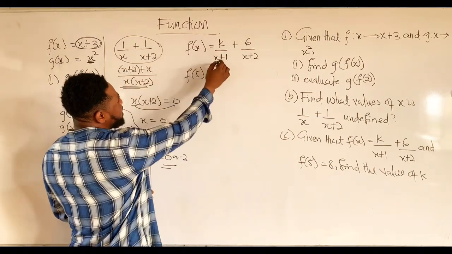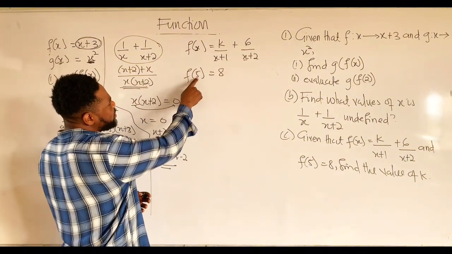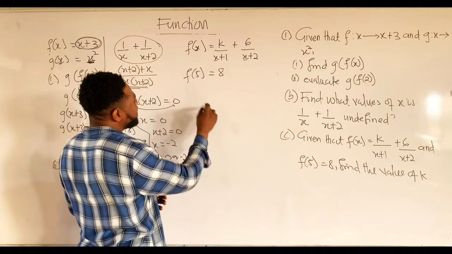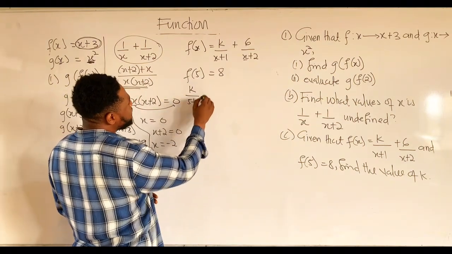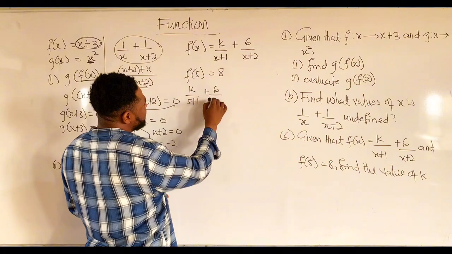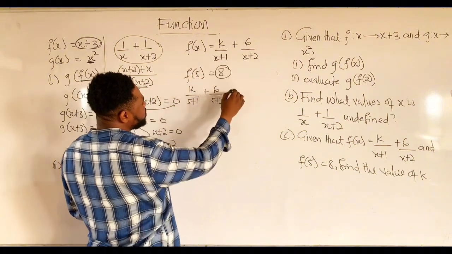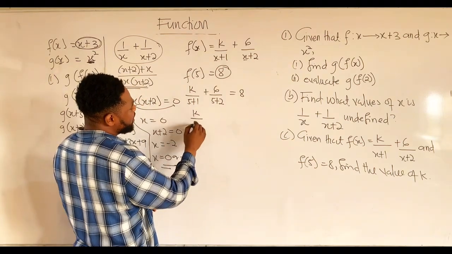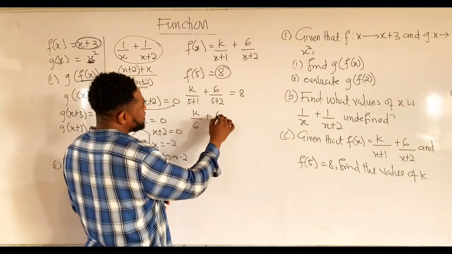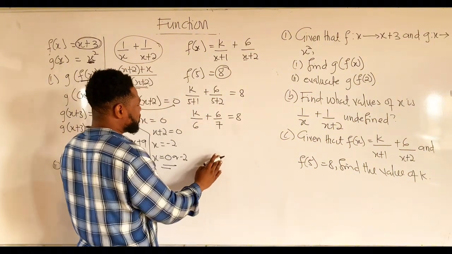Our x here represents the x that we can see here, and we can see 5 here, so we fix it into our function. So we have k over 5 plus 1, plus 6 over 5 plus 2, and we equate everything to 8. So we have k over 6 plus 6 over 7 equal to 8.